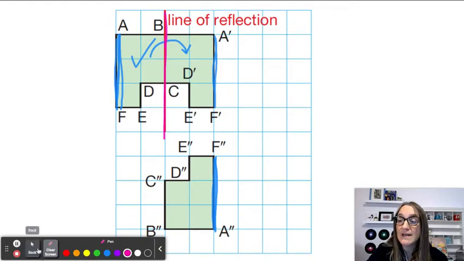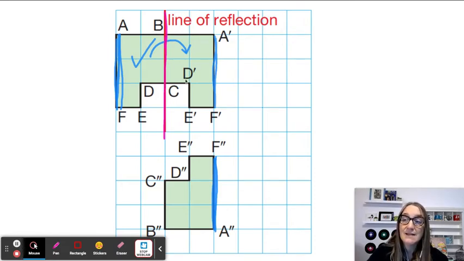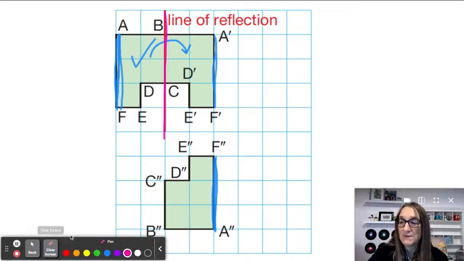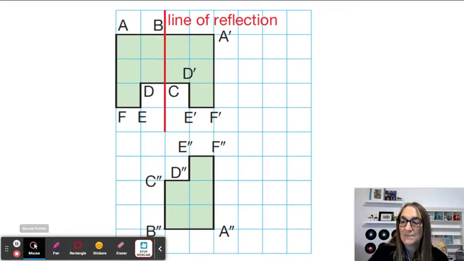So now we can name our reflection image A prime, B, C, D prime, E prime, F prime. And we don't change BC to be B prime, C prime because they don't change position. All right, bear with me. It's going to make more sense when we move to the second step.